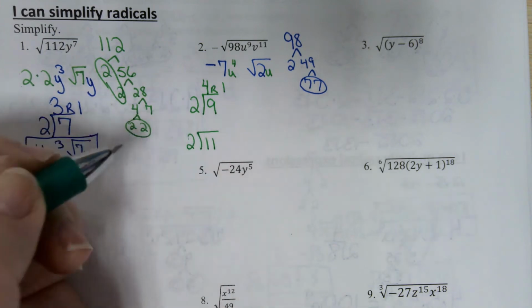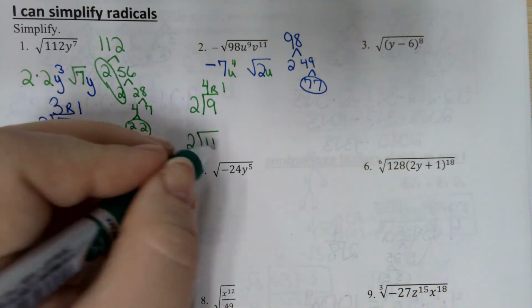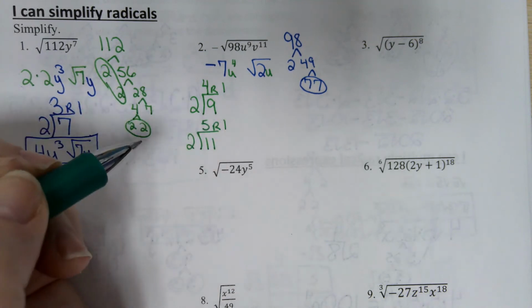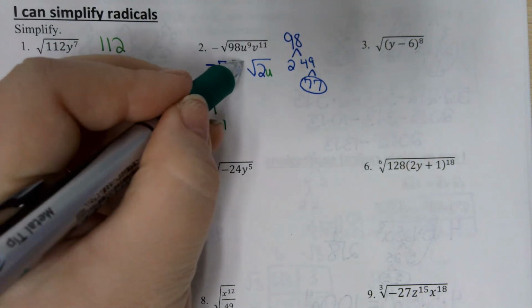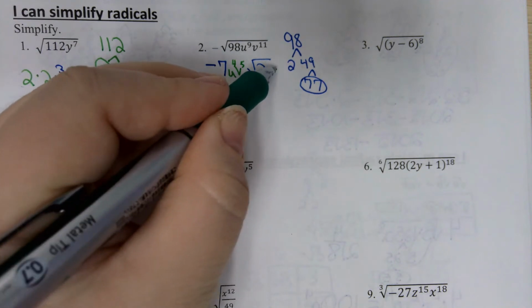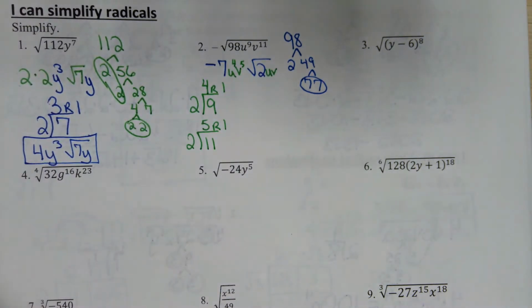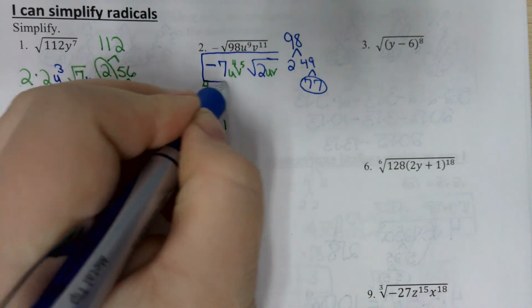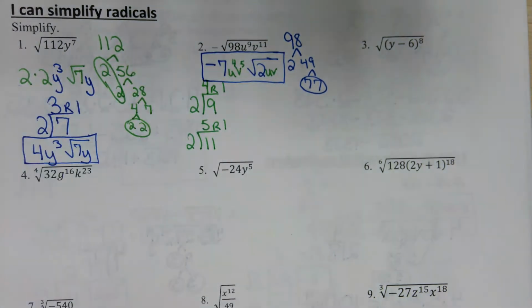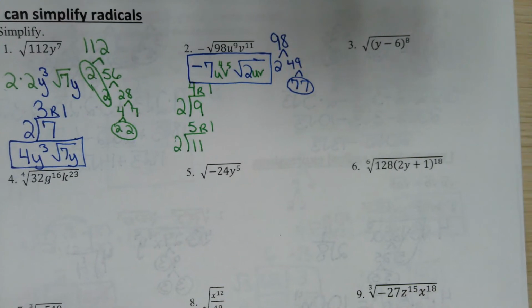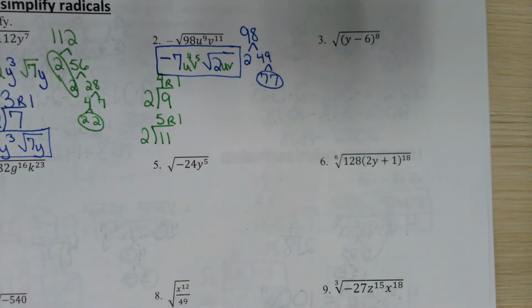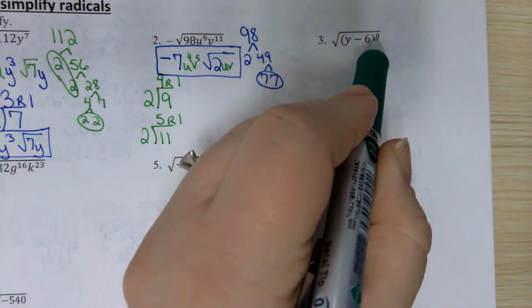My index is still 2. 2 goes into 11 a total of 5 times, with 1 remaining. So v to the 5th comes out, and 1 of my v's is still remaining underneath the radical. I do ask that you show me that work of division to the side, but there's not much more work beyond that to see.